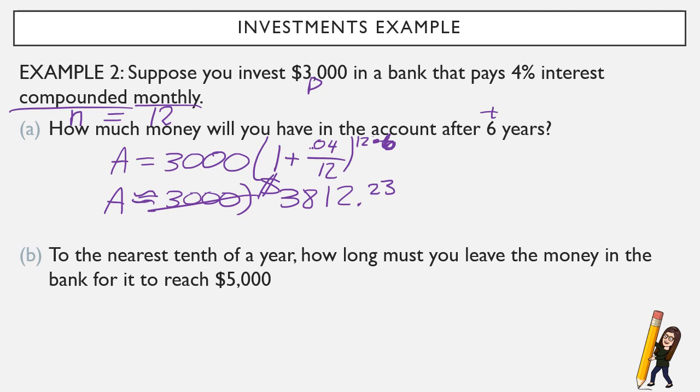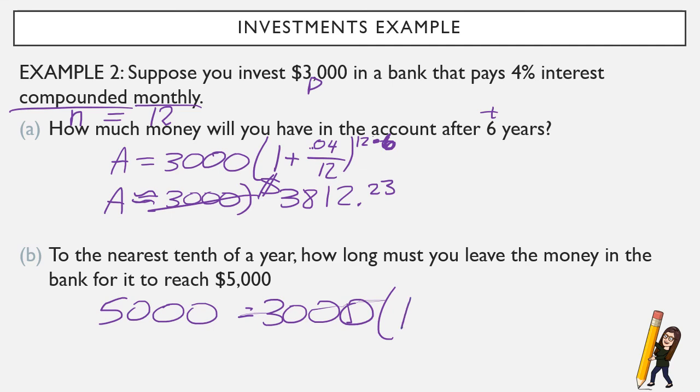What if I know a goal? I'm saving up for a vehicle or something I want to buy. So let's say I want to save up to $5,000. And I only have $3,000 to invest right now. And the bank's telling me they'll give me a rate of 4% and they'll compound it monthly. And I want to know how much time until I arrive to that amount.